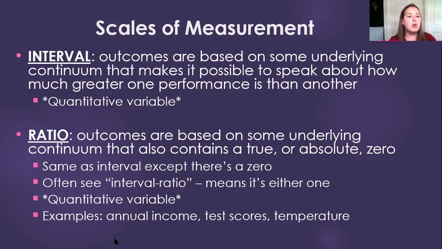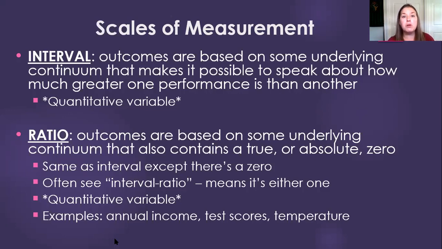For our purposes, we'll just talk about interval level variables. I want you to know that ratio level variables exist. The only difference is that a ratio variable has 0 as a possible category. So these are quantitative variables. Essentially, anytime a variable has a number value as one of the choices, that's an interval level variable.